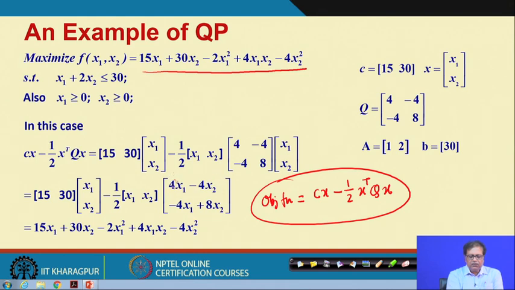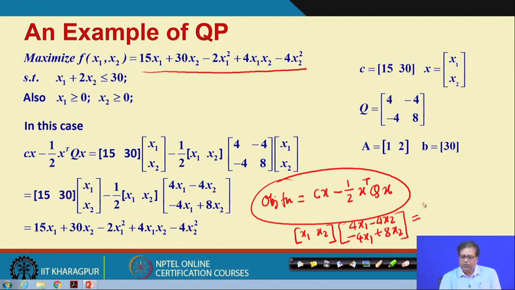Now, what can you do? Let us do that. [x1 x2] multiplied by [4 x1 minus 4 x2; minus 4 x1 plus 8 x2]. If I multiply, then what do I get?